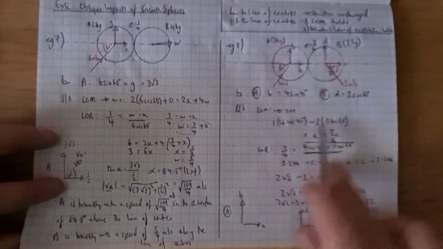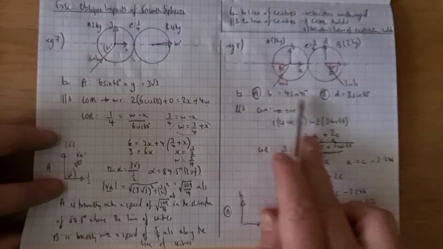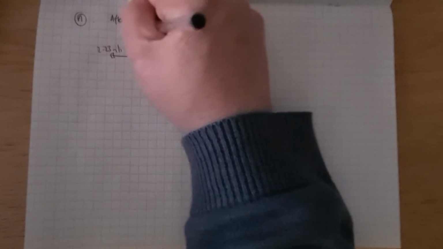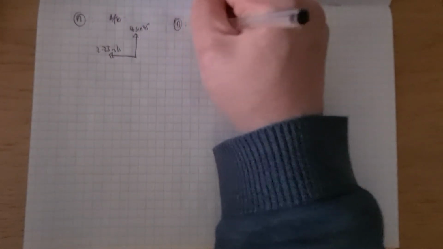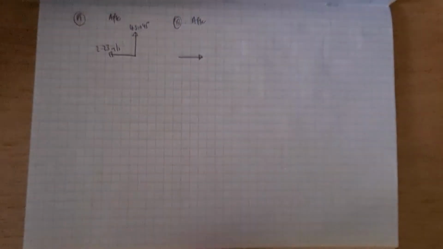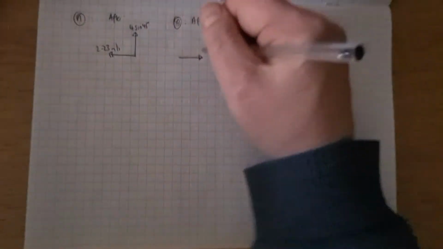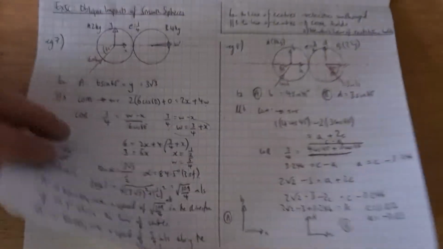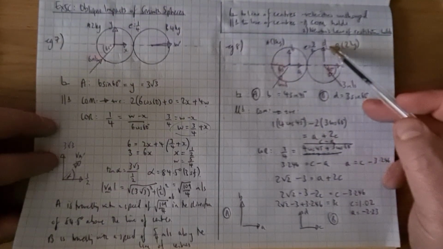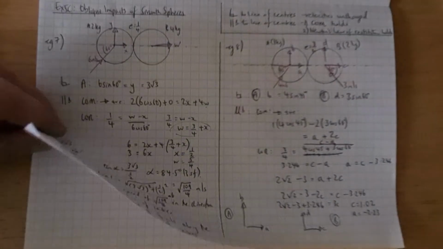And it continued with a speed of B there, which is going to be 4 sine 45 degrees. And then for B, again after the collision, we have that C is going to equal 1.02 meters per second, and our value here of D was equal to 3 sine 60 degrees.